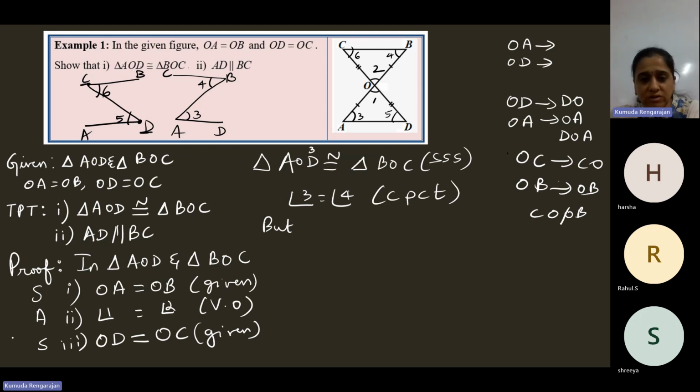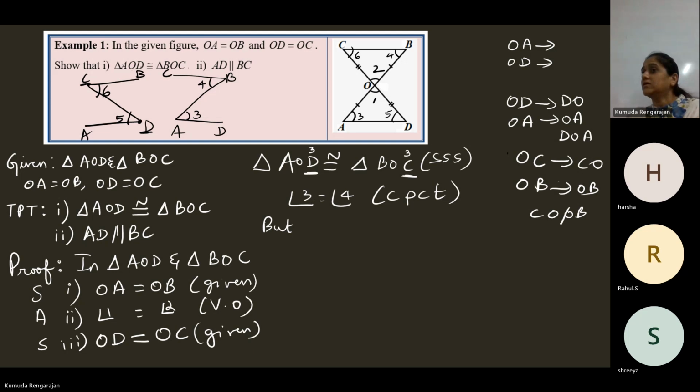This is in the third position. Yeah, vertex D of the first triangle is equal to vertex C. Or vertex D coincides with vertex C. That means the angle formed at vertex D is equal to the angle formed at vertex C. Yeah, so angle 5 is equal to angle 6.